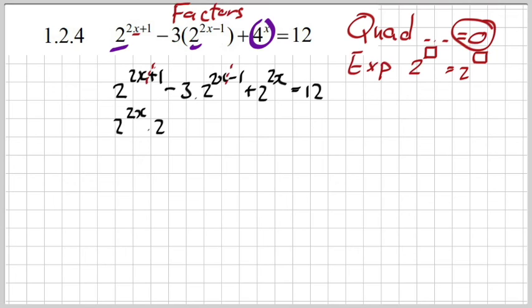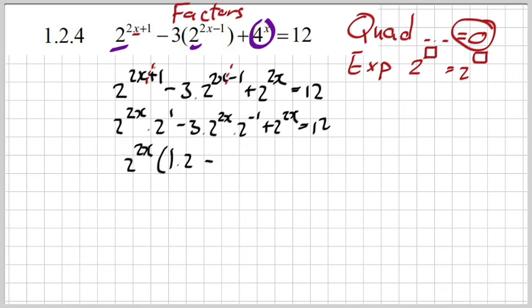So I'm going to split up my exponents, which is reversing the first law. And now I can take out 2 to the 2x common in every term on the left-hand side. I am going to replace every 2 to the 2x I take out with a 1.